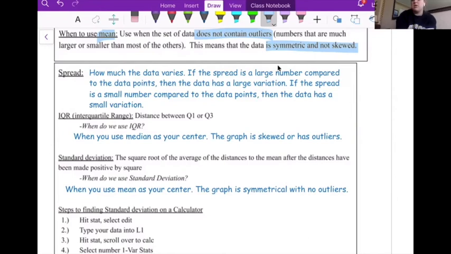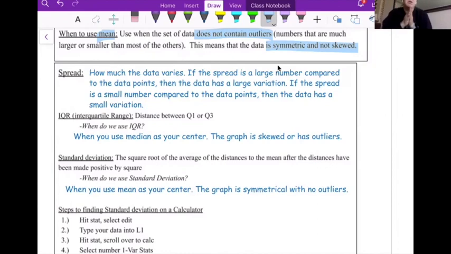For the second box and whisker plot that we made, the first one, where it was 1 to 9, we had 15 data points, but our range was only 8. So that would be a small variation.